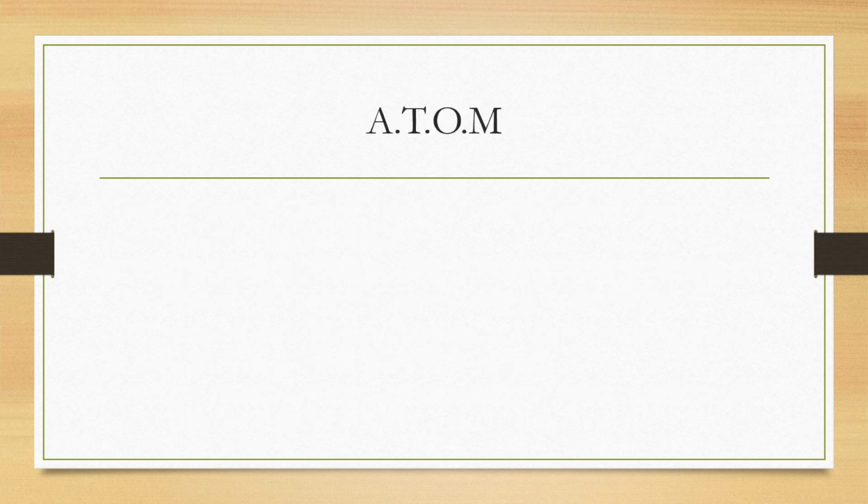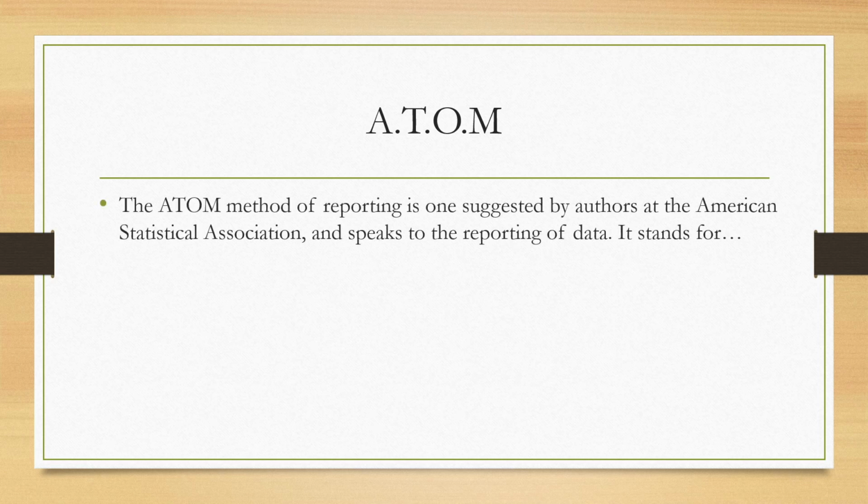All right. So let's jump into ATOM, A-T-O-M. ATOM is an acronym, and again was put out in a paper by Ron Wasserstein, who is the former president of the American Statistical Association, and is a method by which we should report data.